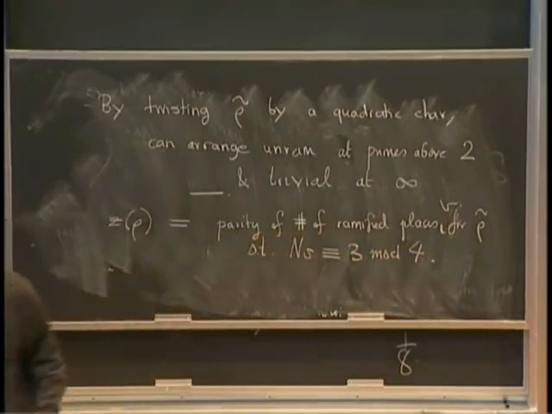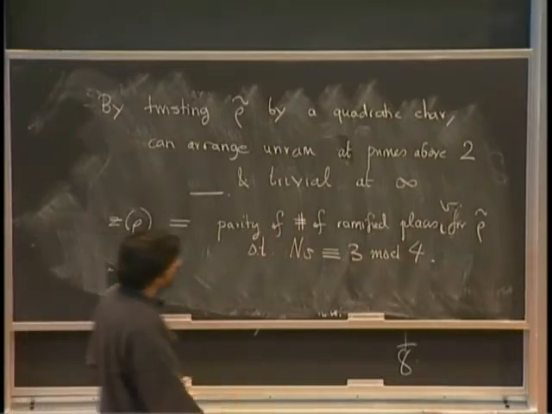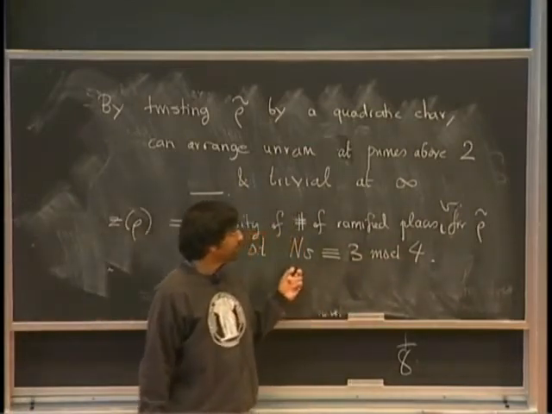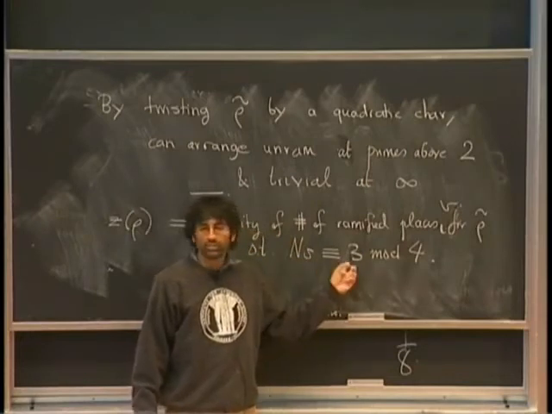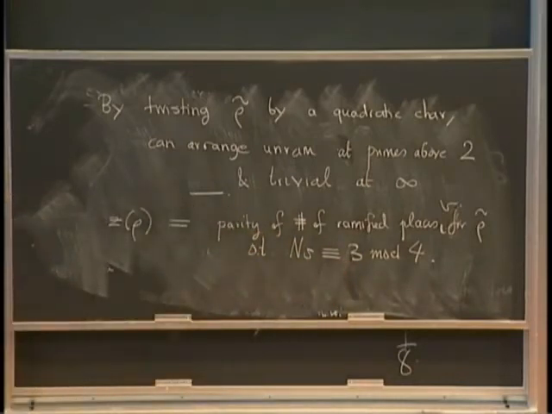The reason for this last thing is that now suppose I twist it. If I twist rho tilde by a quadratic character, by some version of Stickelberger's theorem, this set changes only by an even size, and so the parity of it remains unchanged.